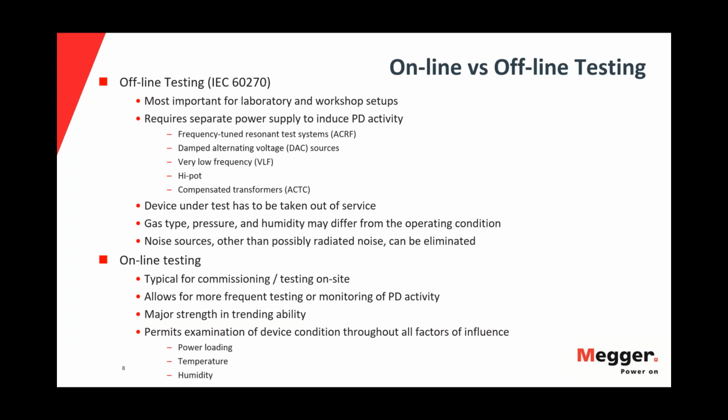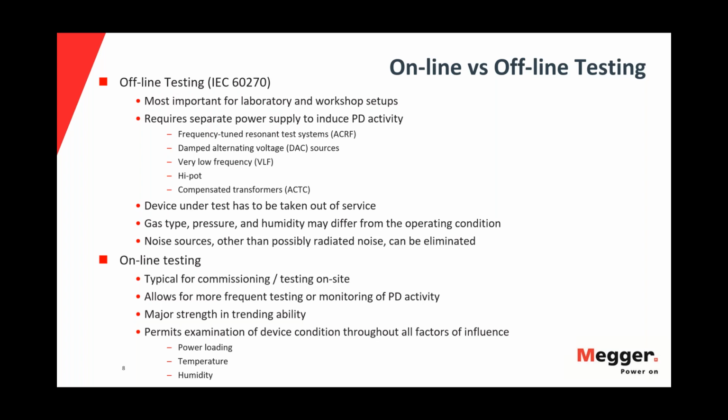That means you need a power supply which generates a high voltage output to the object. There are various high voltage sources, depending on the object under test. It can be a resonance system, a damped system, an AC system, AC hipot, very low frequency, like for cables, or compensated transformers. So various power supply sources can be used.